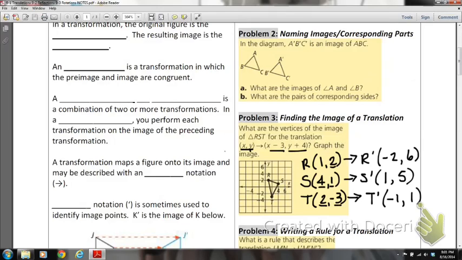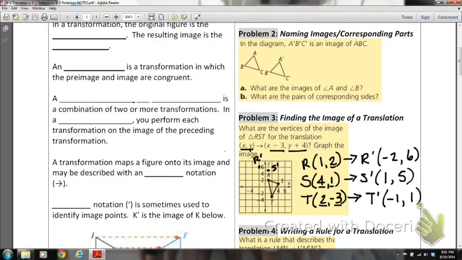Now graph and plot each of these points for R prime, S prime, and T prime. R prime is negative 2, 6. S prime is 1, 5. And T prime is negative 1, 1.